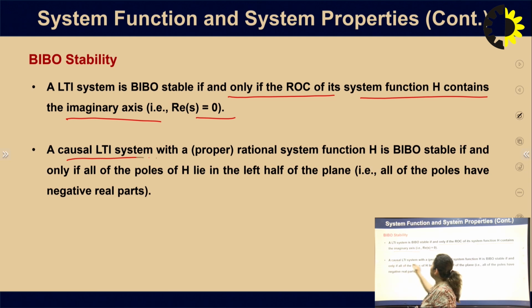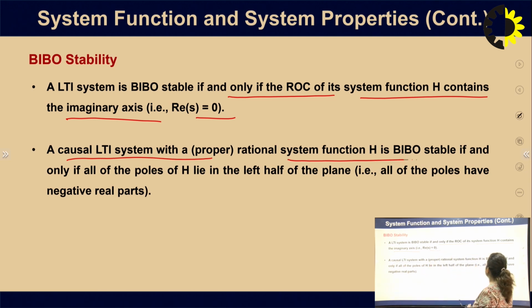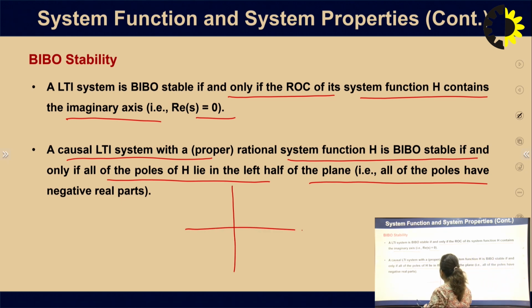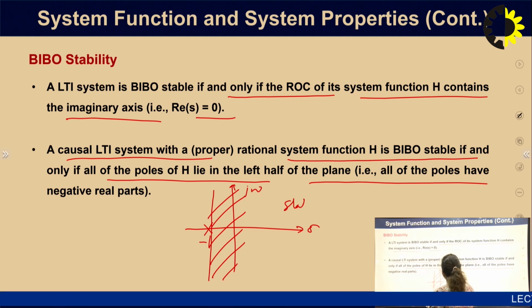Similarly, a causal LTI system with a proper rational system function H(s) is BIBO stable if and only if all the poles of H(s) lie in the left half plane, that is, all of the poles have negative real parts. Because if the poles are here, and it's a right sided signal, then only the ROC will contain the j omega axis. So this is the stable function because it contains the j omega axis.